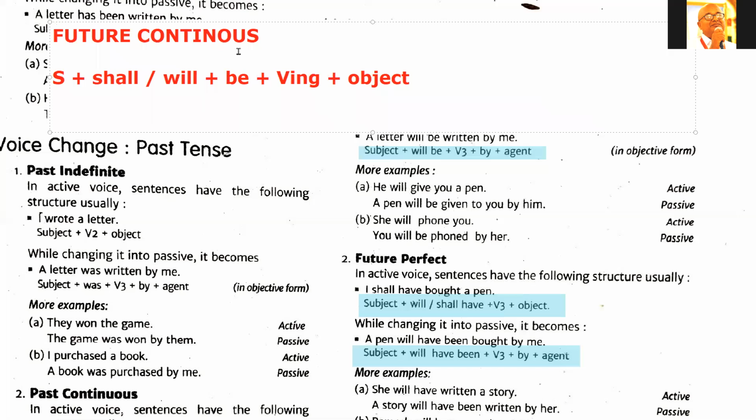Example sentence. I shall be writing a letter.